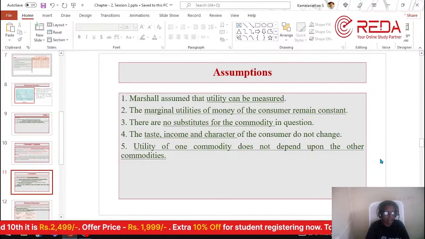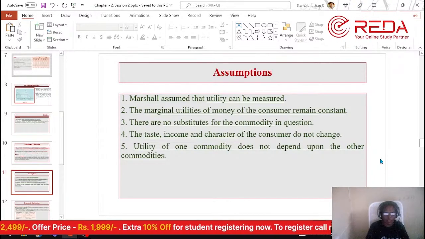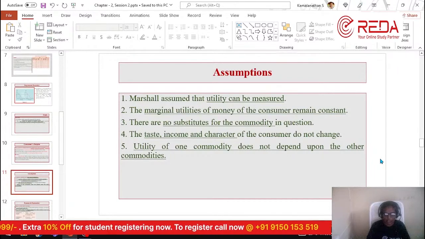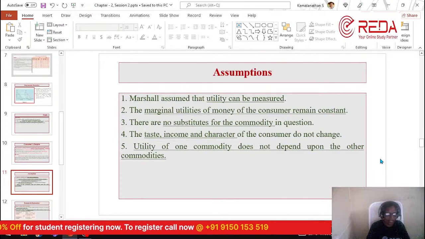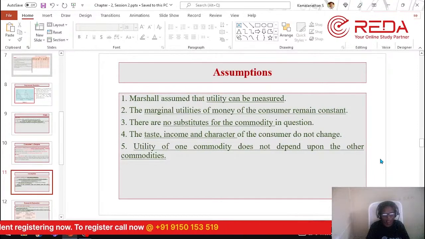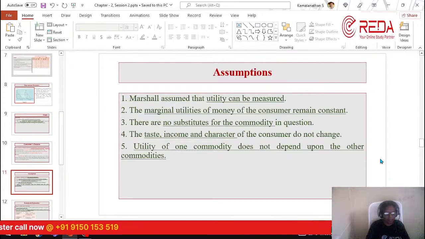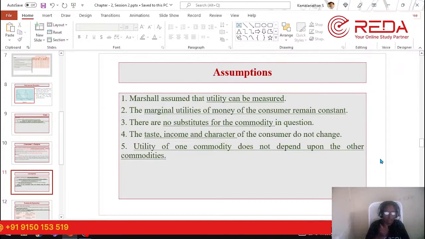Then, the taste, income and character of the consumer do not change. There should not be any change in taste, income, or character of the consumer. If I have money in my hand, I will go shopping, and I need to see the commodity.